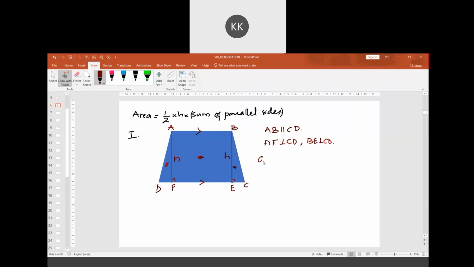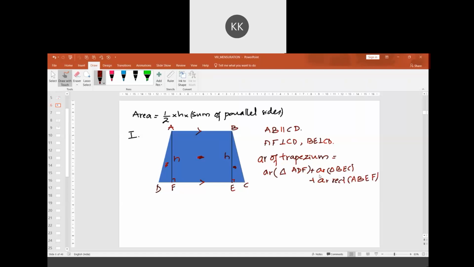So area of trapezium is nothing but area of triangle ADF plus area of triangle BEC plus area of rectangle ABEF.